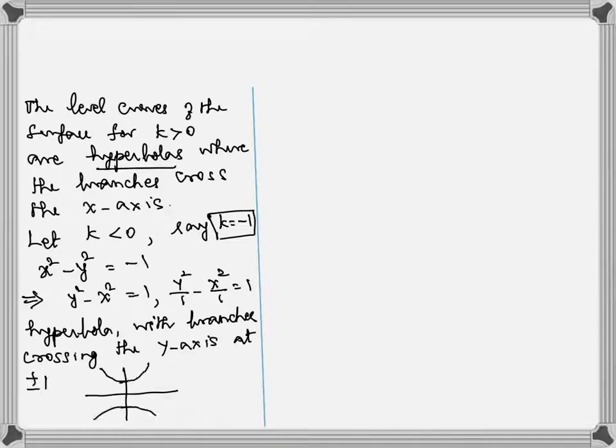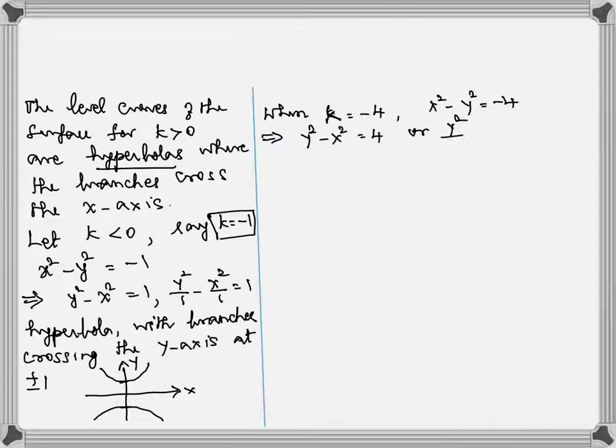A rough sketch is shown like this. Now let's assume k to be equal to negative 4. So x square minus y square equal to negative 4, which can be written as y square minus x square equal to positive 4. Again, bringing to the standard form, you get y square over 4 minus x square over 4 equal to 1, which is again a hyperbola intersecting the y-axis at plus 2 and negative 2.